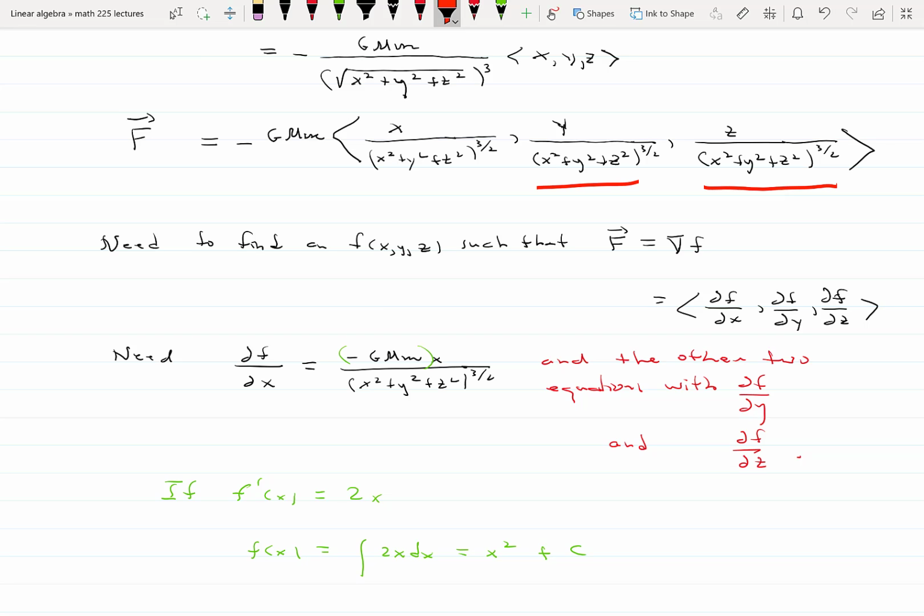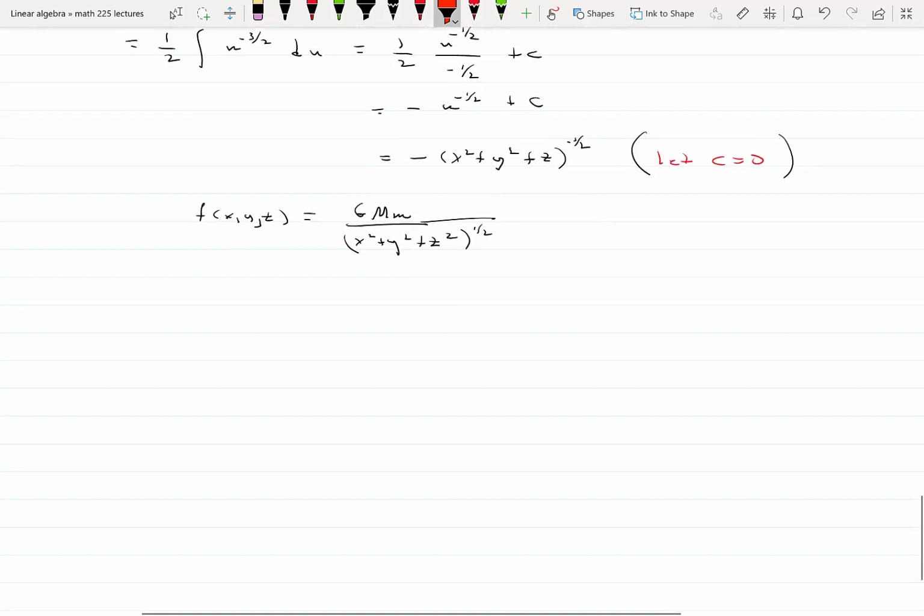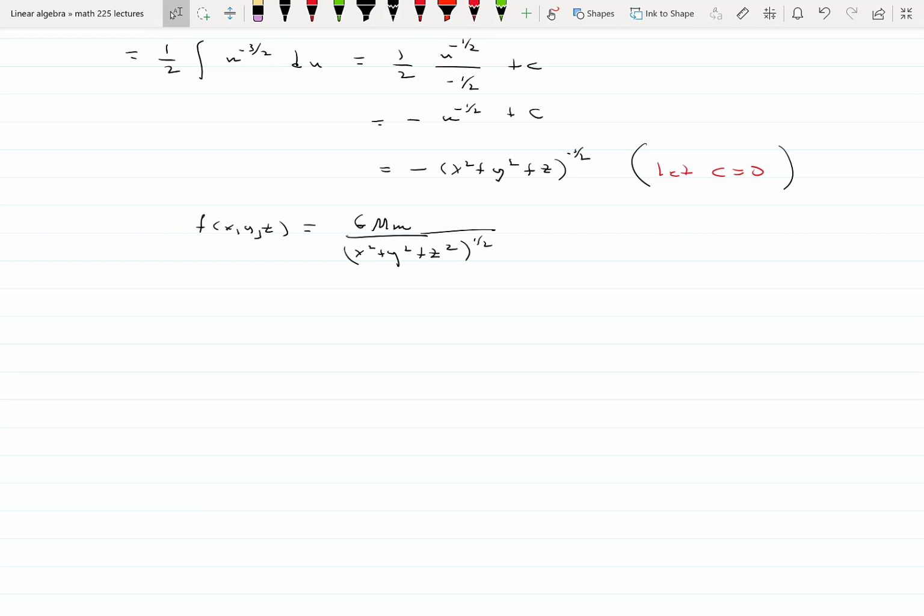Now, if you're worried about steps here, don't. I'm going to show you a step-by-step method for reconstructing potential functions very, very soon. But right now, I've constructed a potential function.